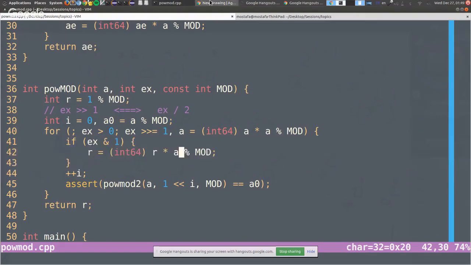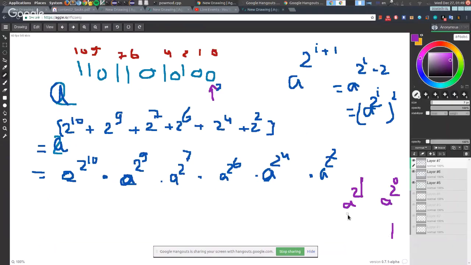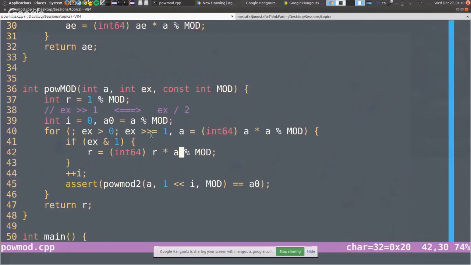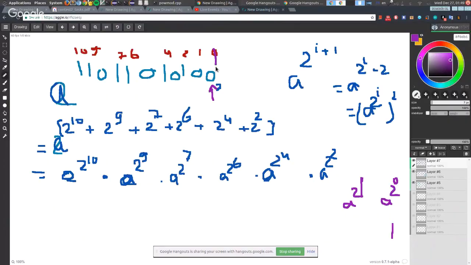Then we multiply a times itself, and shift the exponent by 1, as if we remove this bit.